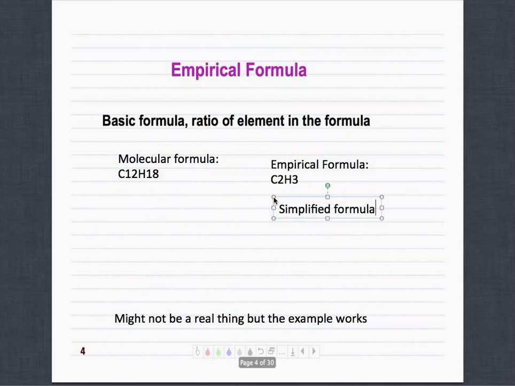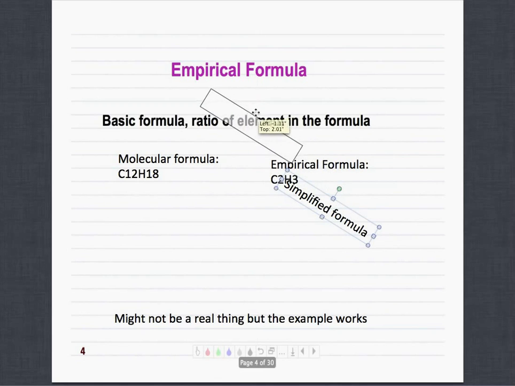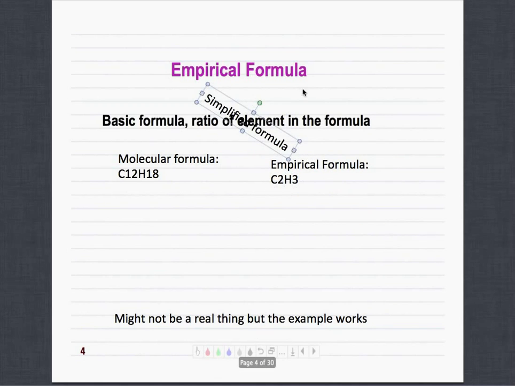And this is what we're going to learn today: how to get to this empirical formula from the results that I get from the lab, and how to go from the empirical formula to the molecular formula. So the empirical formula is the very basic formula which only gives me the ratio of carbon to hydrogen, but not the one that I'm going to see in the molecular formula.